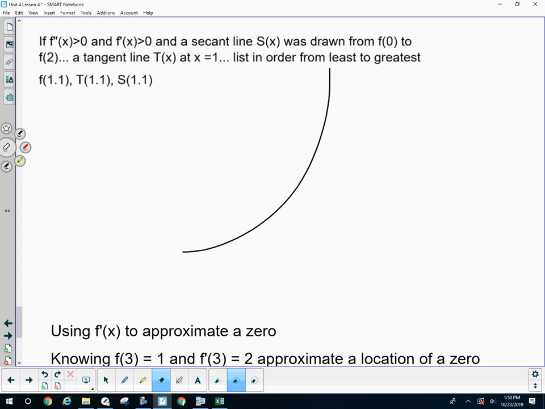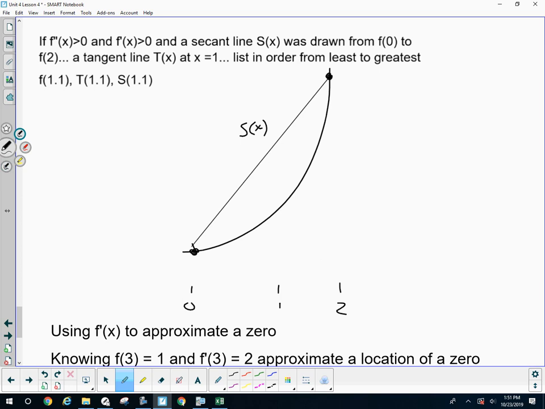Let me be a little bit more exaggerated. There we go. We have a secant line drawn from f of 0 to f of 2 and a tangent line drawn at 1. Let's split this into 0, 1, and 2. I've got a point at 0 and a point at 2. Draw a secant line. There is s of x.